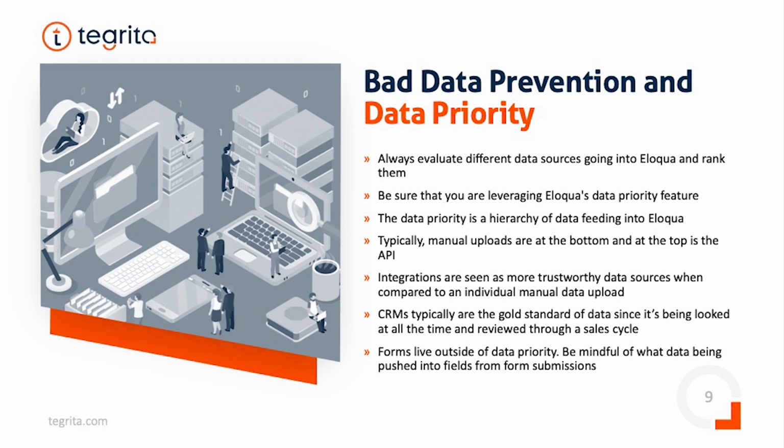But there are some caveats to this, right? So forms live outside of the data priority. And with forms, in your form processing steps, that's where you manage whether or not a value should write into the contact or custom object or account or whatever. And that's on a per field basis, with those different update rules that you have present.